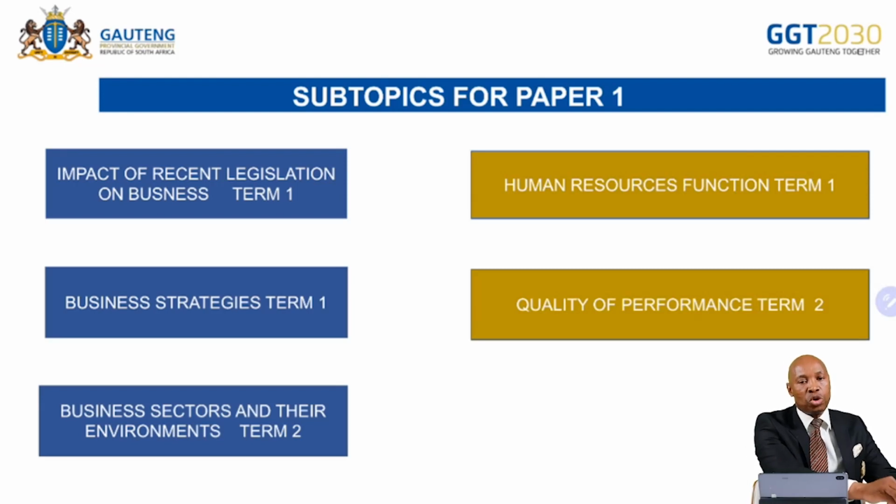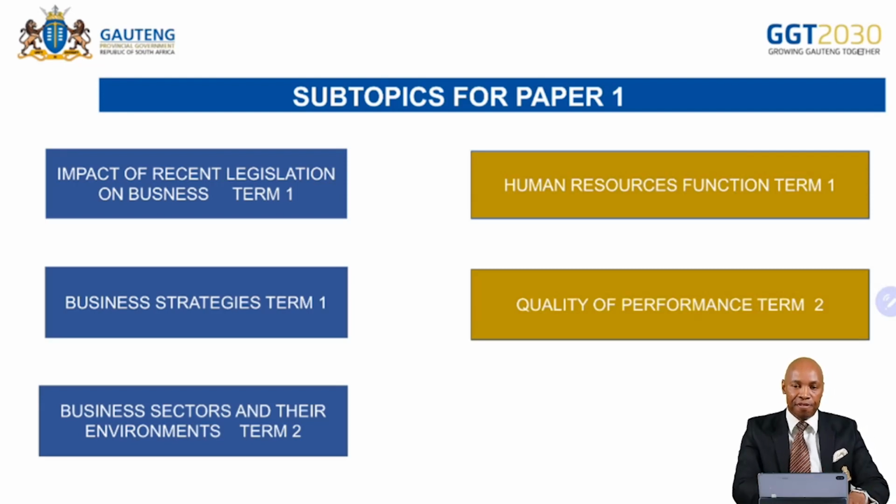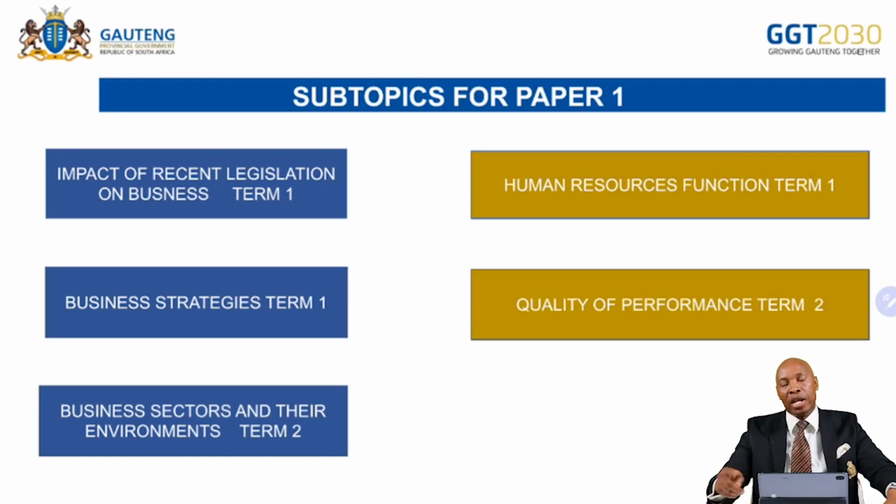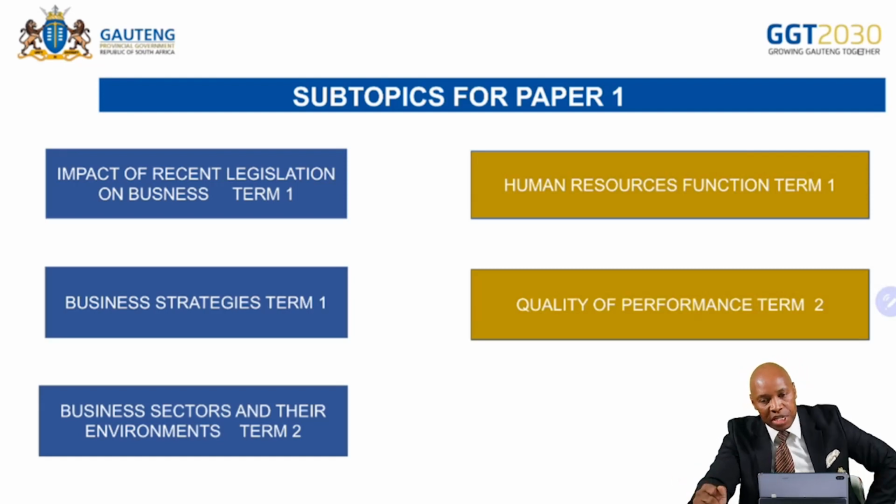They are subtopics of business environment, which will help you to answer question 2 and question 4, which is your miscellaneous, as well as question 5. Then let's get to question 6 and question 3, which is your business operations. What are the subtopics of business operations? It's your human resource functions and quality of performance.